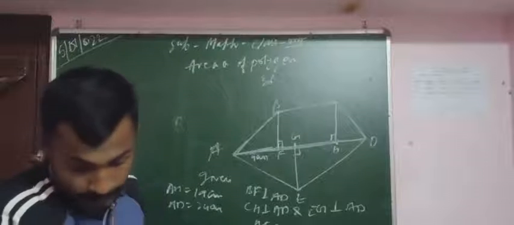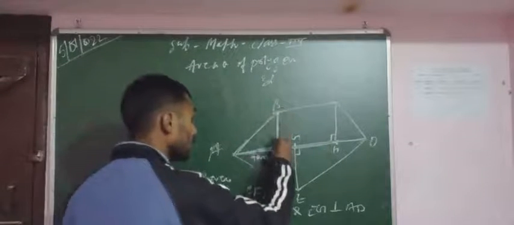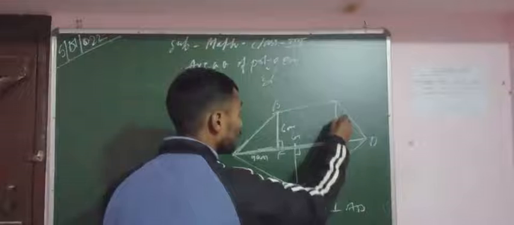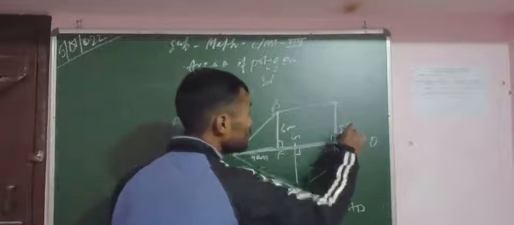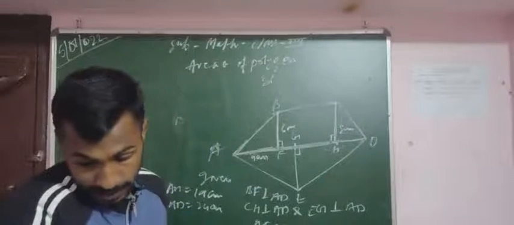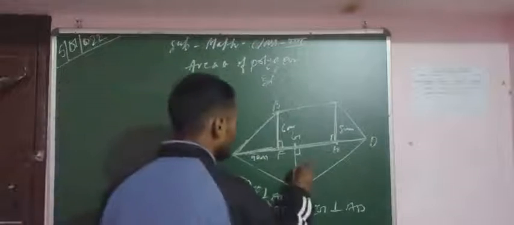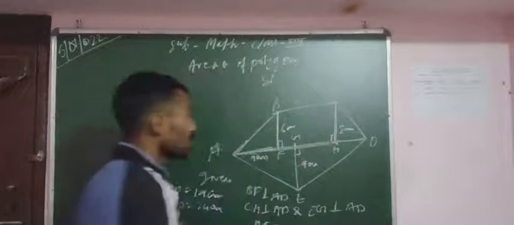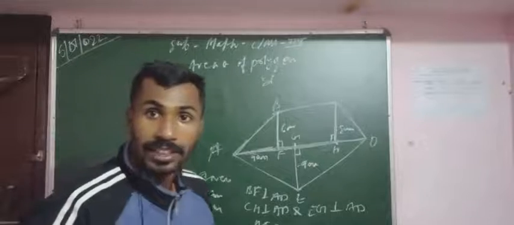BF and CH are 6 centimeters and 8 centimeters. AL is 9 centimeters. All the values are given in the question.